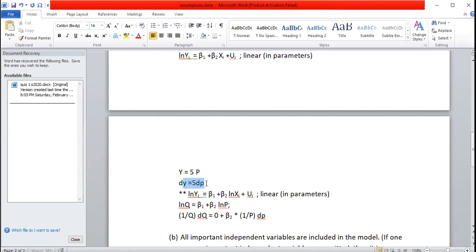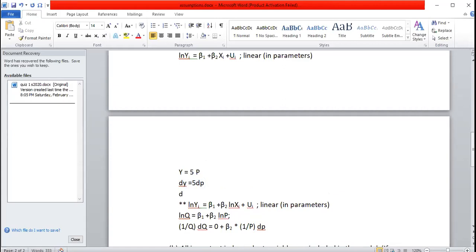Or you could write it like this: dy dp equals what? 5. Is that clear now? How you are getting this dy dp?